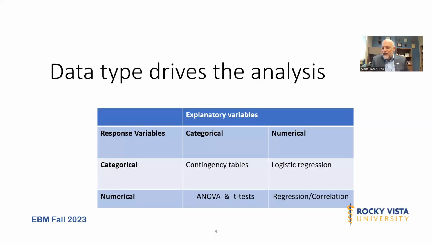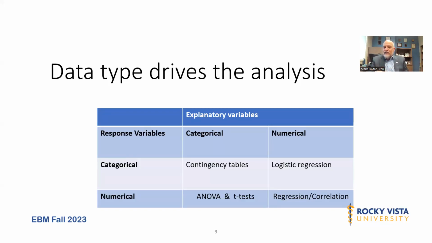So if you look at a response variable, a response variable would be the outcome of an experiment. So if we were looking at cholesterol, for instance, and looking at the effect that a drug has on lowering cholesterol, the cholesterol number would be the response variable to that. The explanatory variable would be the drug. So you give them a drug or a placebo or multiple drugs or however that works.